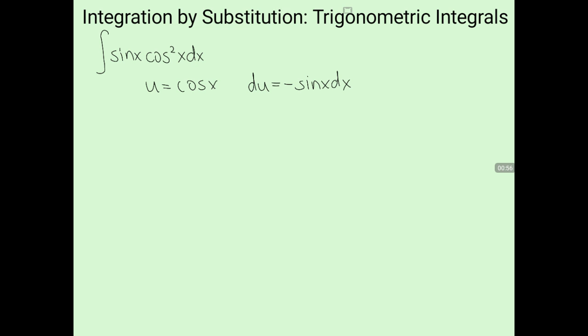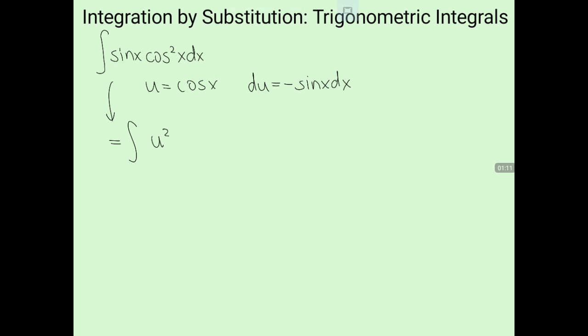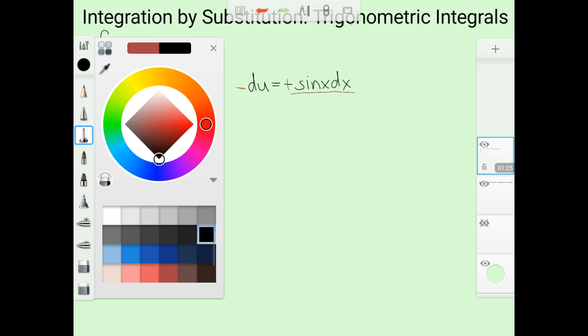In this way, we can replace cosine squared x with u squared, and sine x dx can be replaced by negative du, if we move the negative to the other side.